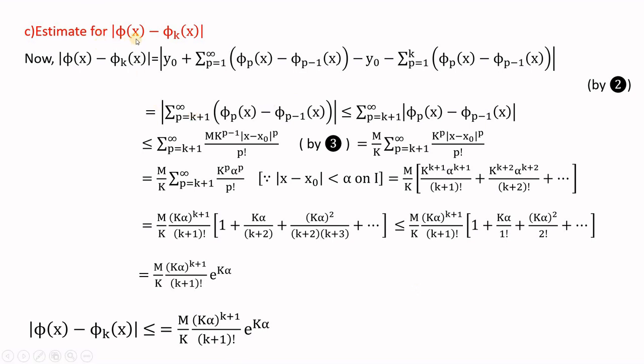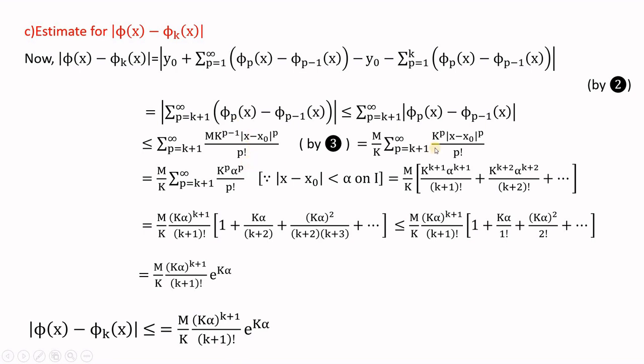In the third part, we are going to estimate the value of modulus phi of x minus phi k of x. Substituting the values of phi of x and phi k of x, the difference between these two will be the series from p equal to k plus 1 to infinity. So modulus of summation will be less than summation of modulus. We have already found out this value.